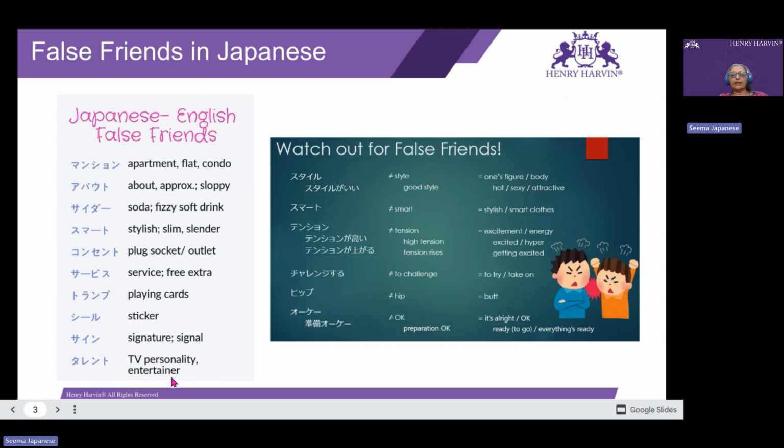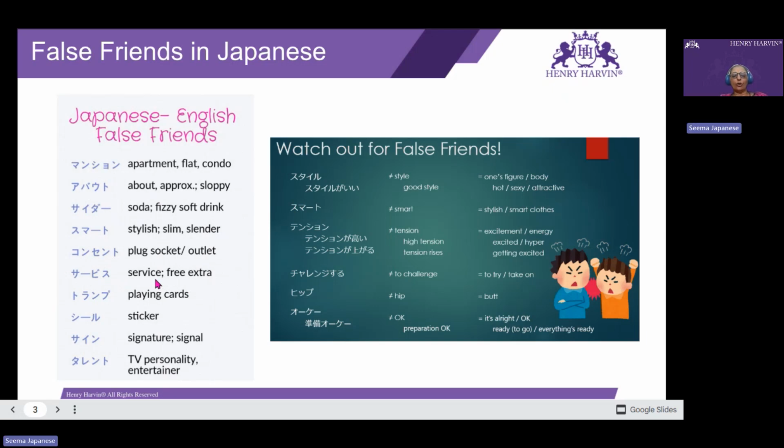So I'm repeating the words again. Mansion is apartment, flat or condo. Abouto means about, approximate or sloppy. Saida, soda or fizzy soft drink. Sumato, stylish, slim or slender. Consento, plug, socket or outlet.